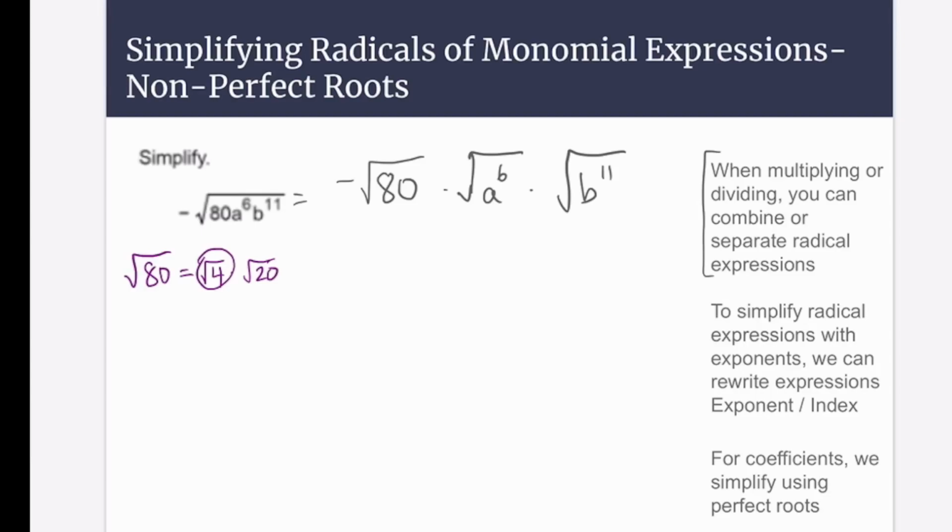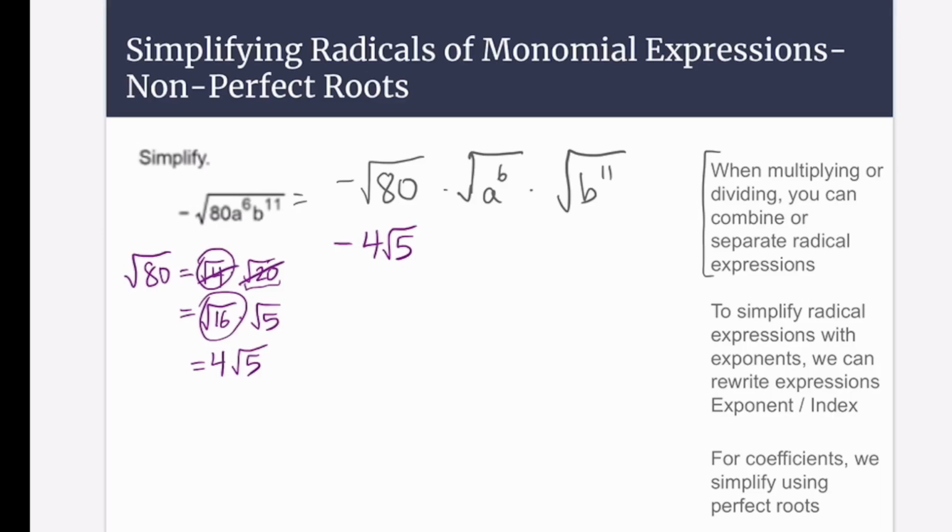The reason I don't like using these factors is because 20 can also divide 4, so you're going to have to do more work. 80 is actually 16 times 5. 16 is a larger perfect square, so that's the number that we're going to use. The square root of 16 is 4. So we get 4 radical 5. And that's just simplifying the radical 80. Has nothing to do with the rest.